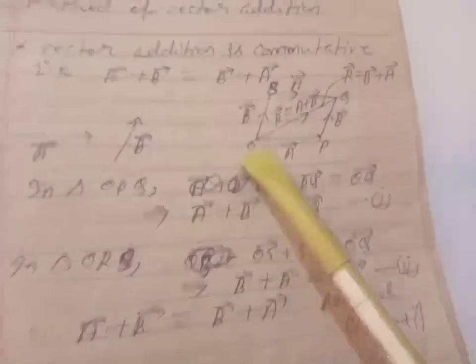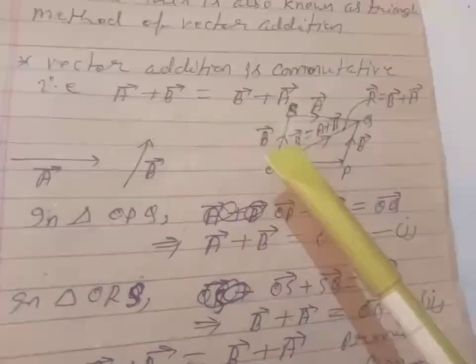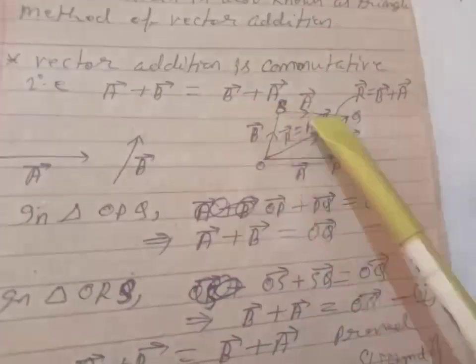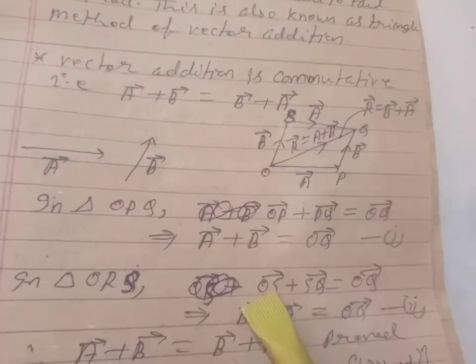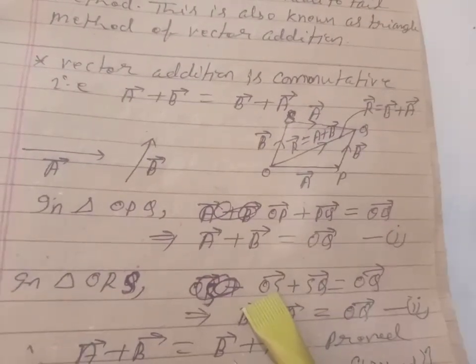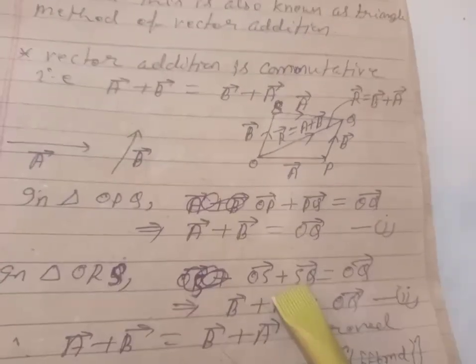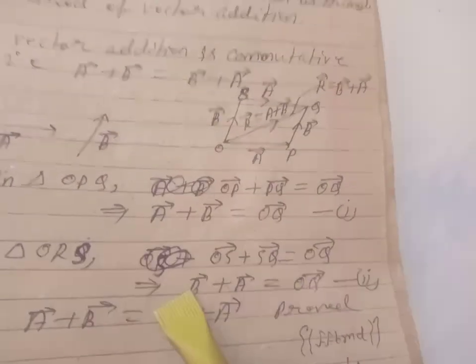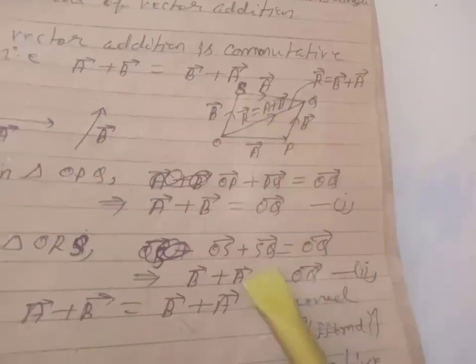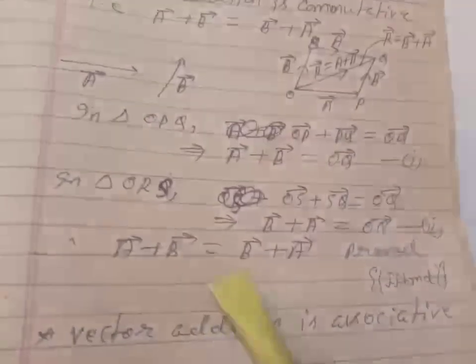And in triangle ORQ, OS vector plus SQ vector equals OQ vector. This implies B vector plus A vector equals OQ vector. So from 1 and 2 we have A plus B equals B plus A. Proved.